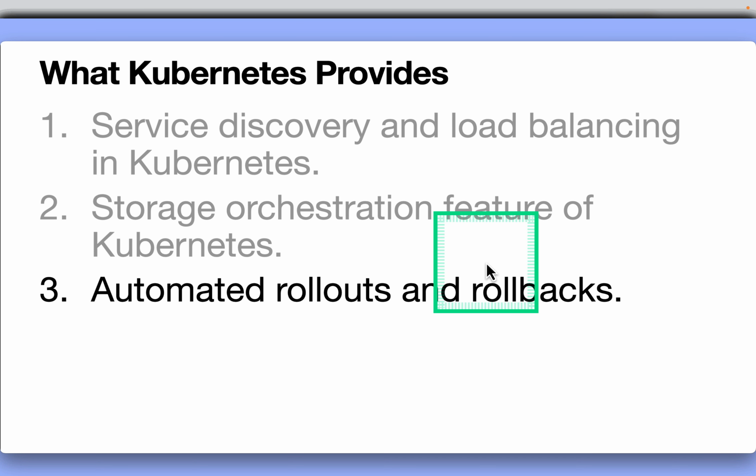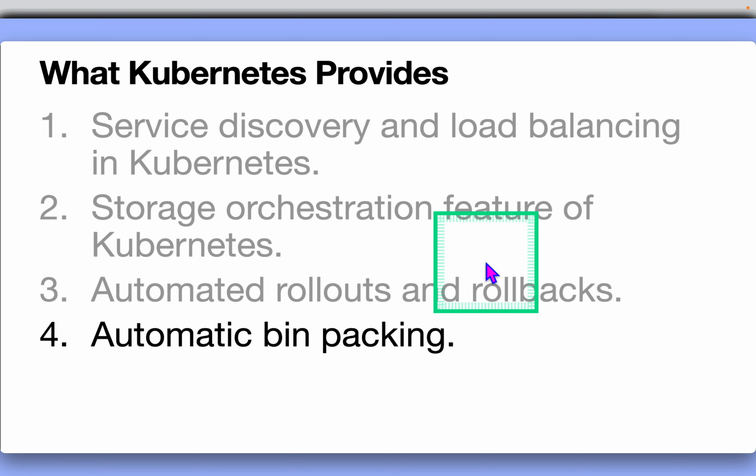For example, Kubernetes can automate the creation of new containers, removal of existing containers, and adoption of all their resources to the new container. Automatic bin packing. So you provide Kubernetes with a cluster of nodes to run containerized tasks. You specify how much CPU and memory, for example RAM, each container needs.